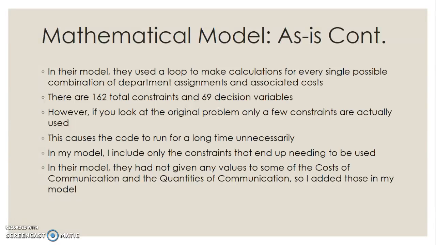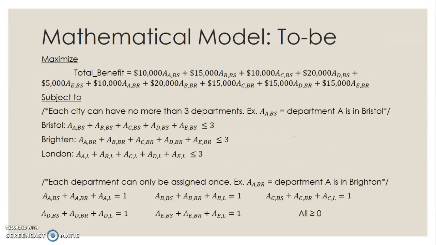In their model, they also left out a few values of costs and quantities, so I added those into mine. My mathematical model has the objective function written out like this, subject to the constraints as follows. Each city can have no more than 3 departments, and each department can only be assigned once.